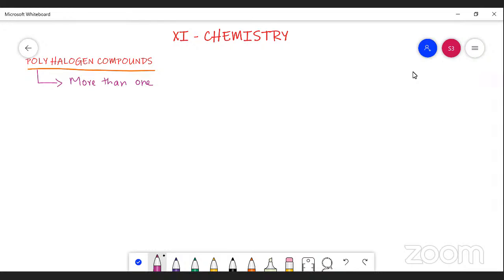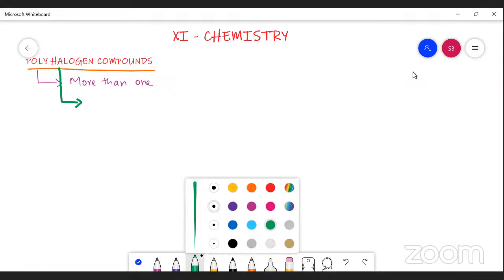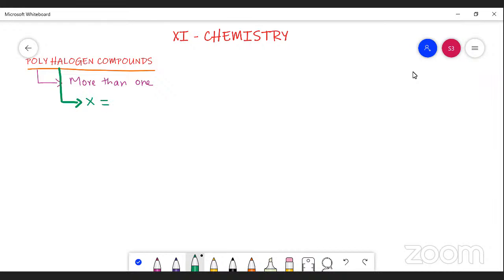Then we are taking halogens. What is the halogen here? We are taking the halogen as X, and X may be fluorine or chlorine or bromine or iodine. Correct? These are halogens.